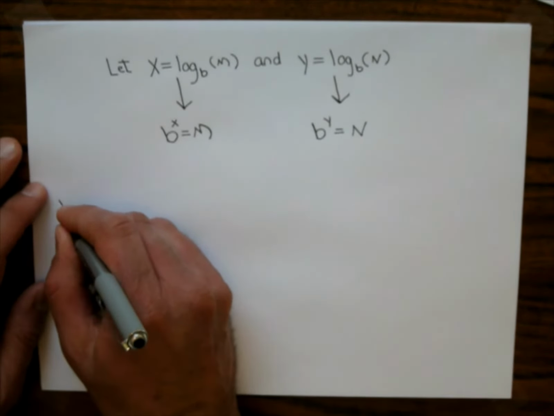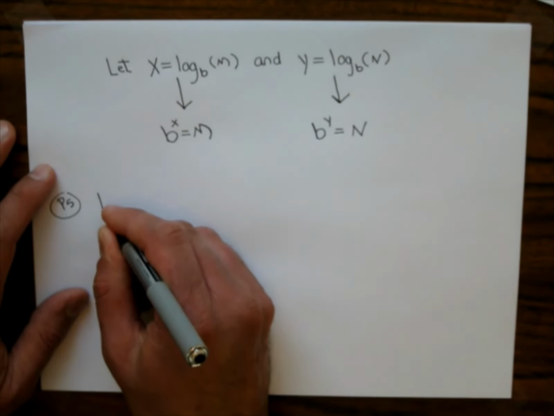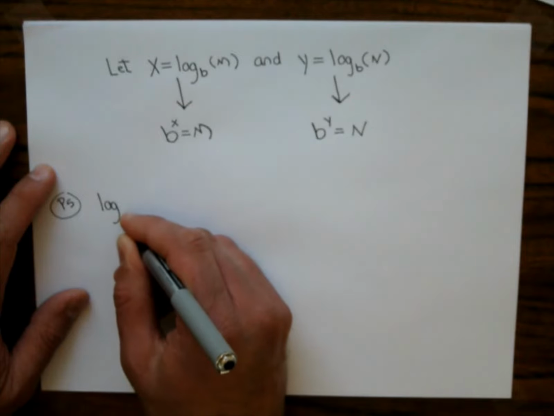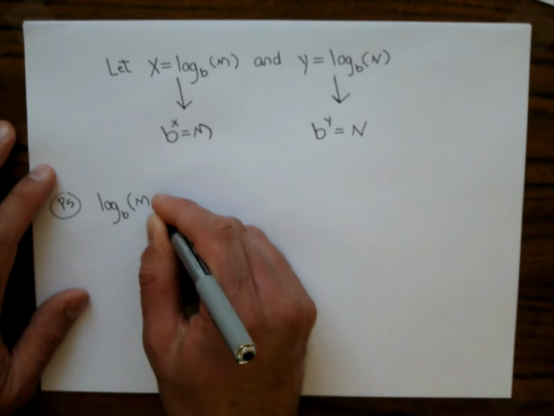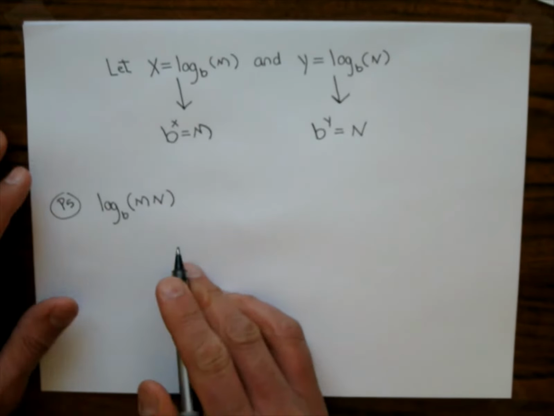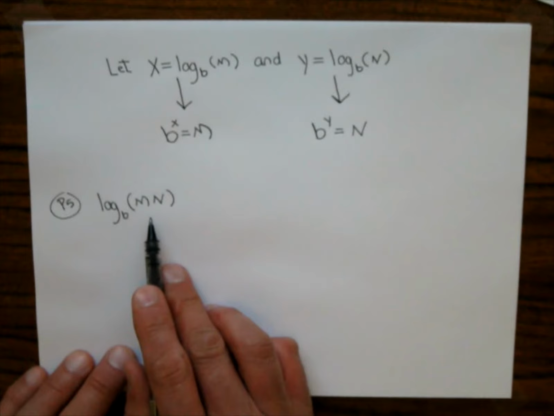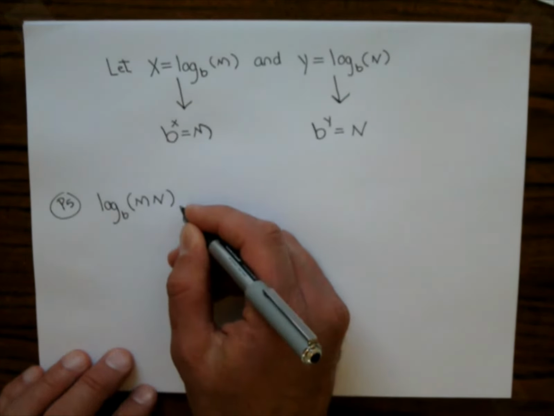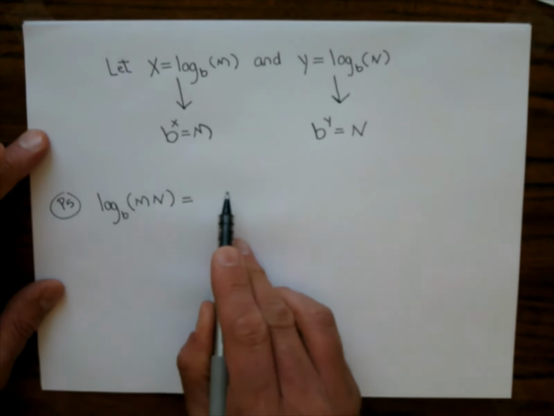Okay, so for property 5, it says something about the log of a product. So I'm going to go ahead and prove that this is actually going to give me log base b of m plus log base b of n. The first thing I want to do is replace m with something from above here.